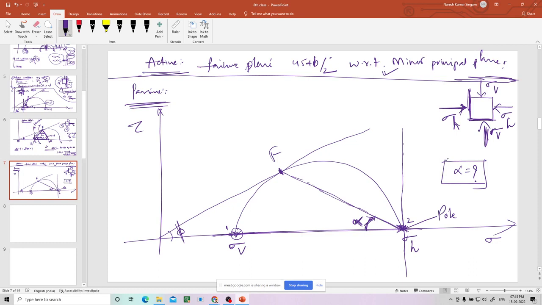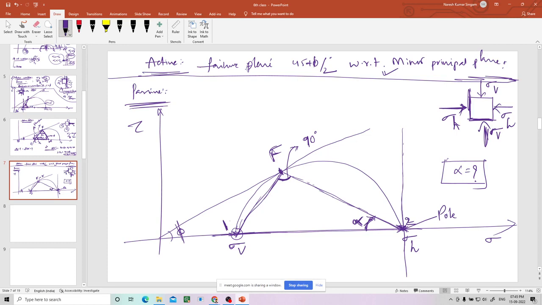Anyway, let me connect these two points. Let me label them 1, 2 and f. What is this angle? Can someone tell me? 90 degrees. Why? In a semicircle, the angle in the semicircle is always 90.